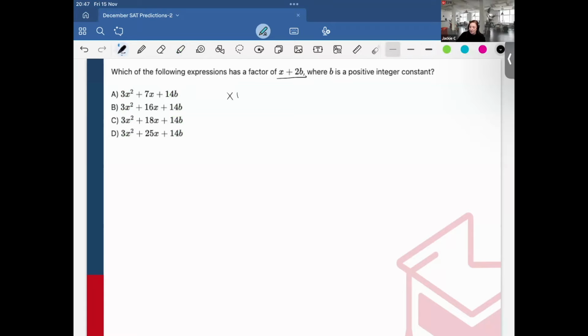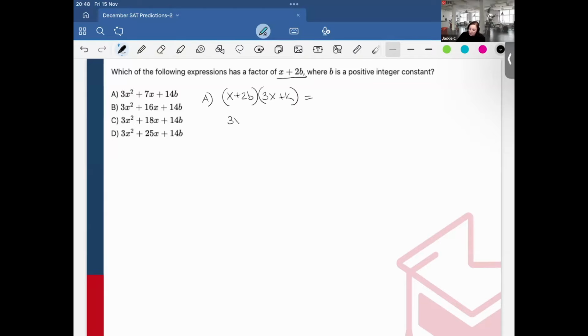So, for example, if I have x plus 2b, then this must be 3x. Why? Because x times 3x will give me the 3x squared, and then some constant k that I don't know. And let's just do this for option A for now and see what happens.